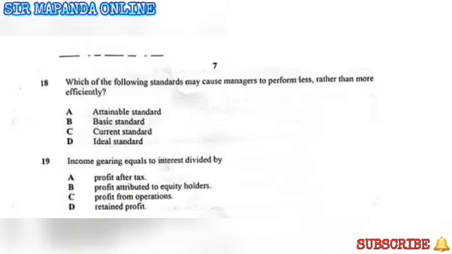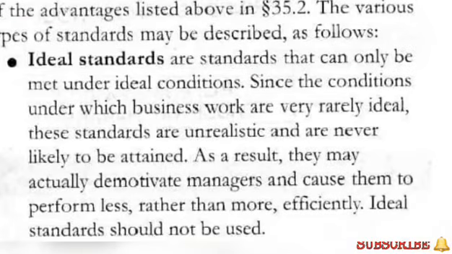It reads, which of the following standards may cause managers to perform less rather than more efficiently? Right, so this question was extracted from Blake Randall, page 302. It reads, ideal standards are standards that can only be met under ideal conditions.